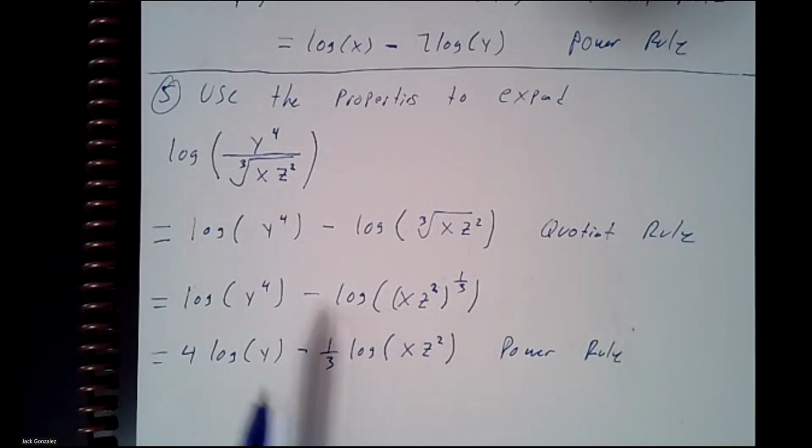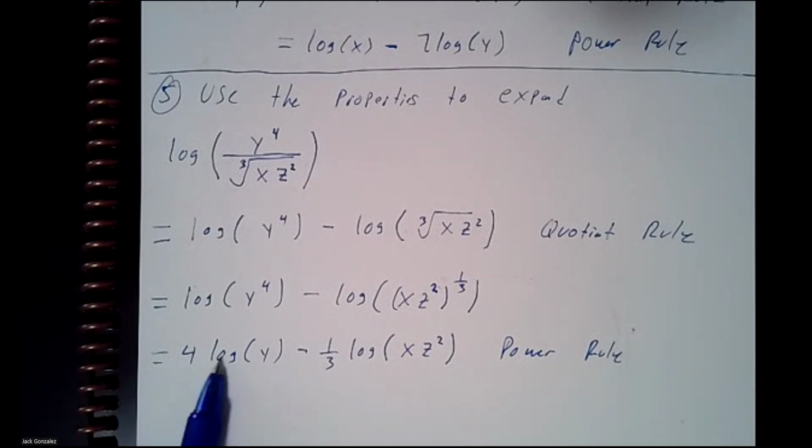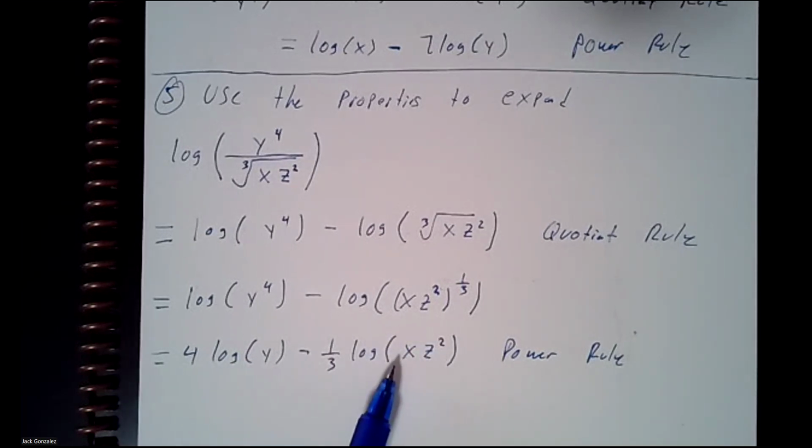Right, so this one, do you all agree that it's done? There's nothing else we can do with it as far as expanding goes? I mean, the first part. We're good on the first part, right? This little 4 log y. But this one has some stuff going on inside.